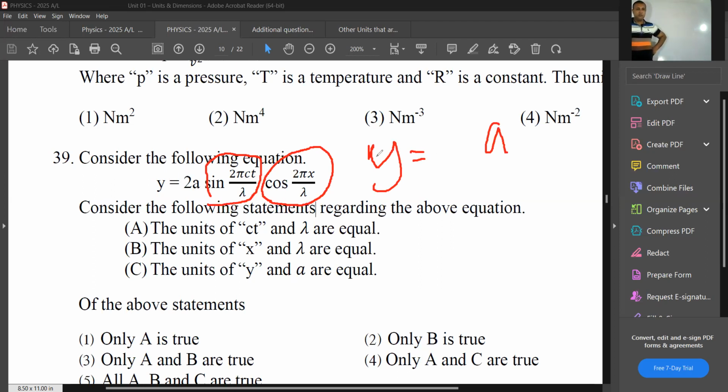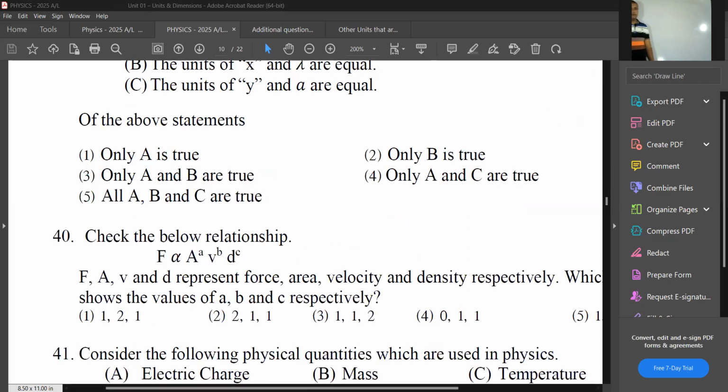So the remaining part is y and a. Therefore, the units of y and a are equal. Therefore, all these statements are true. So the answer is answer number 5.